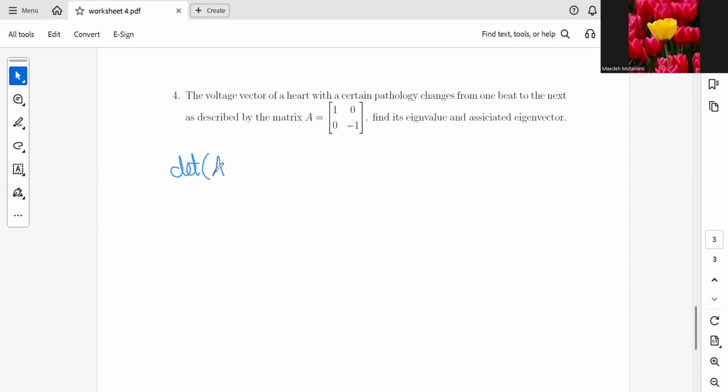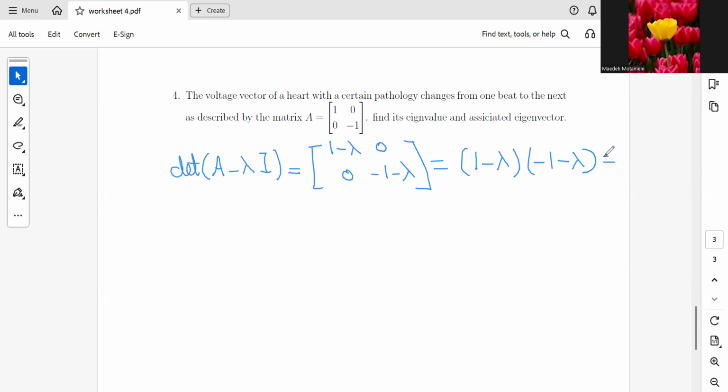So we're going to find A minus lambda I here and the determinant of that. So that would be 1 minus lambda, 0, 0, and negative 1 minus lambda, which will be 1 minus lambda times negative 1 minus lambda equals 0.